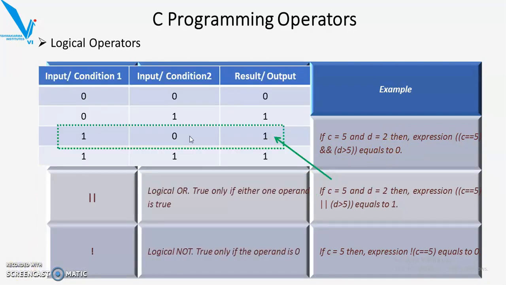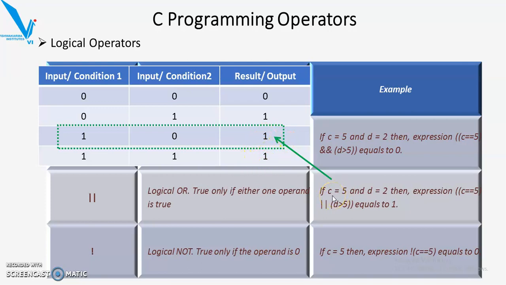In the logical OR operator, if any of the condition input operands is non-zero, then the condition becomes true. Or if all the operand input conditions are non-zero, then the condition becomes true.